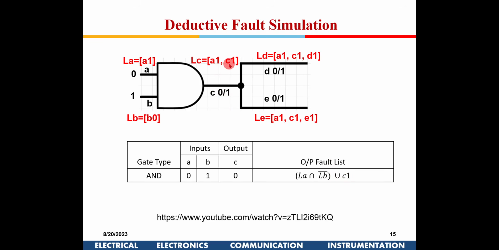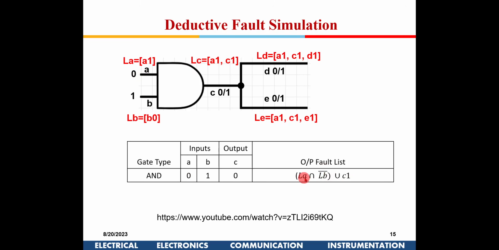Union means either C stuck at 1 is detected, or A stuck at 1 will be detected, provided there is no fault LB here. Because if this fault is also there, can this A stuck at 1 be detected? It cannot be detected, right? So this is how the simulator works for E.